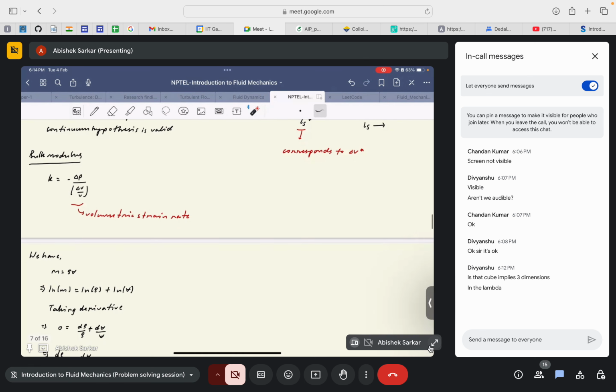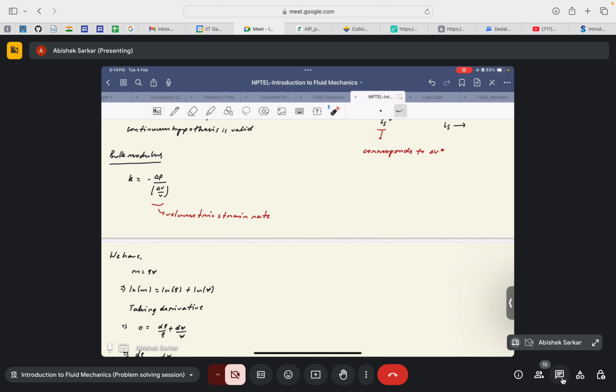Then we come to the concept of bulk modulus. We will not extensively apply it in our study, but it's important, because when we discuss Bernoulli's equation or the derivation of the Navier-Stokes equation, we will see how the concept of bulk modulus comes into the picture.